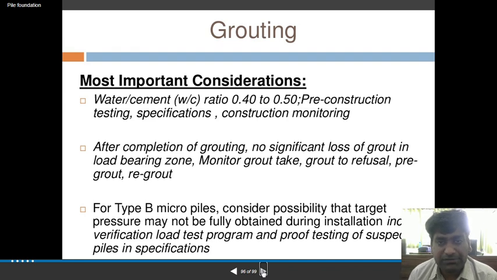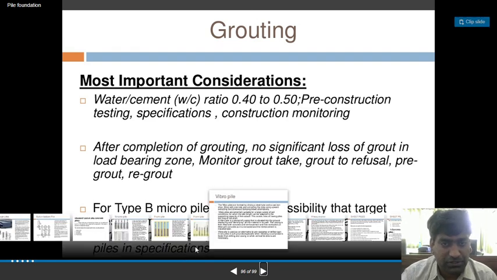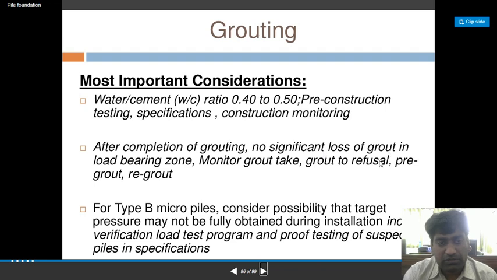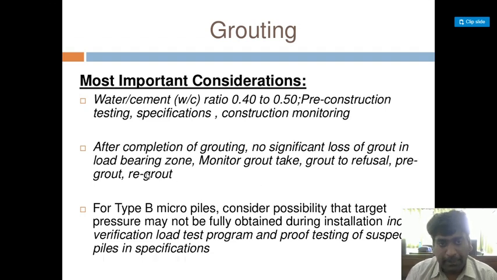Pre-construction testing specification, construction monitoring. After completion of the grouting, no significant loss of grout in a load bearing zone. Monitor the grout, take grout to refusal, pre-grout and re-grout. For type B micropiles, consider the possibility that target pressure may not be fully obtained during installation. Include verification, load test program and proof testing of the suspect piles in the specification. So this is the way grouting is being done.